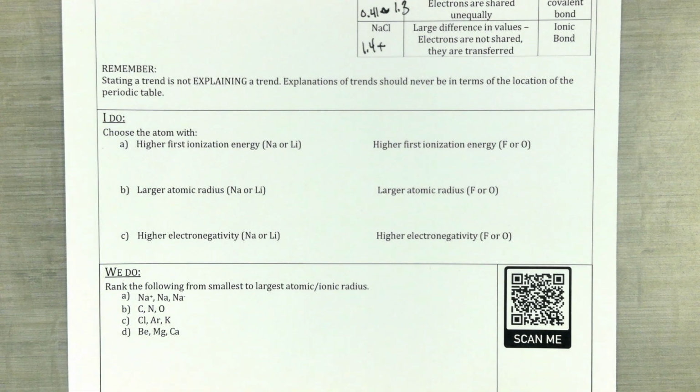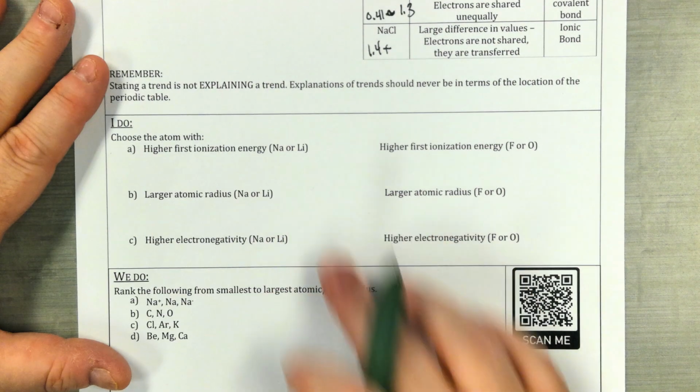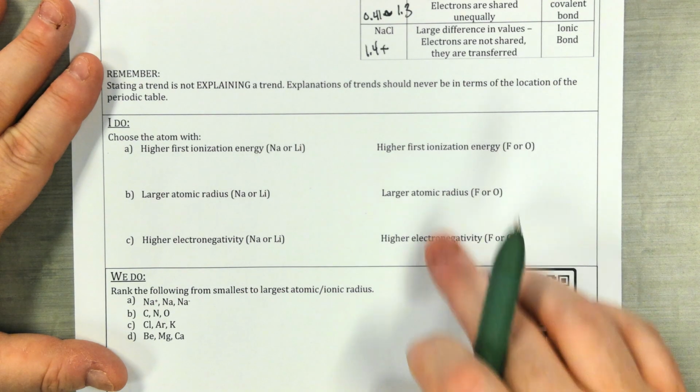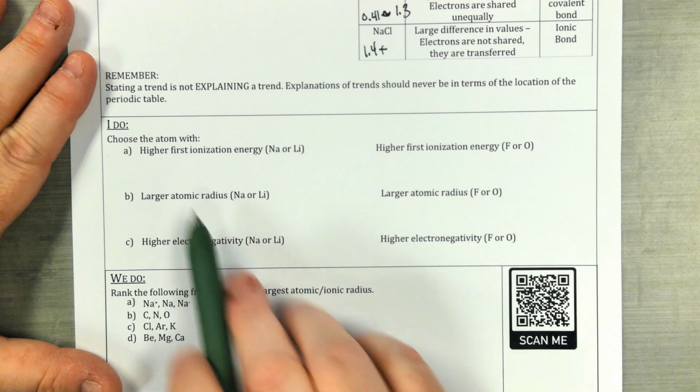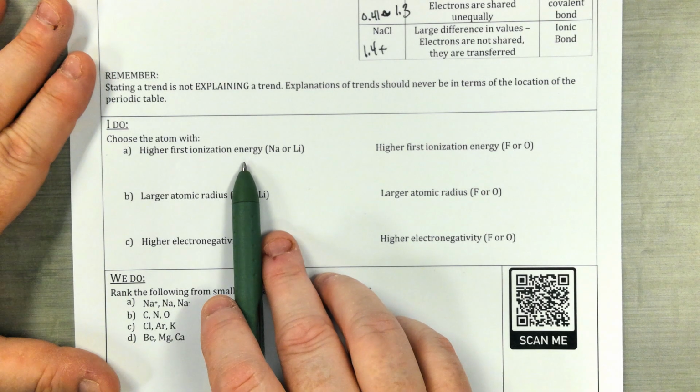All right, so let's do the I do and we do. It says choose the atom with the highest first ionization energy. And then all you gotta do is highlight it or circle it. Okay, so you're doing Na or Li for A through C, and then F and O for these. Okay, so higher first ionization energy is going to be lithium.